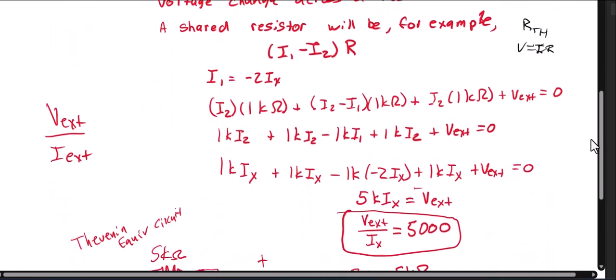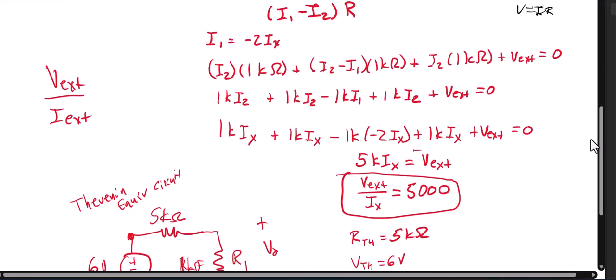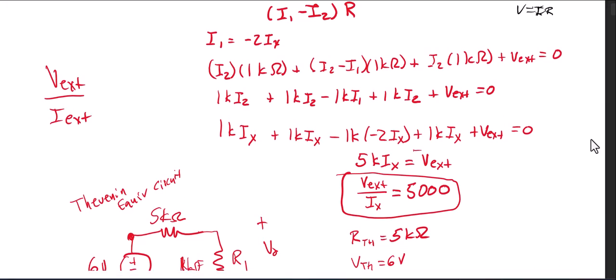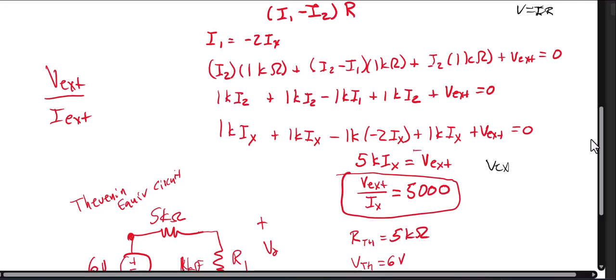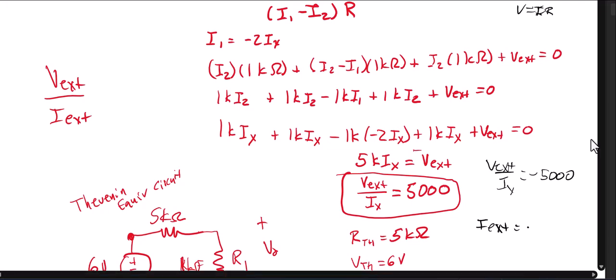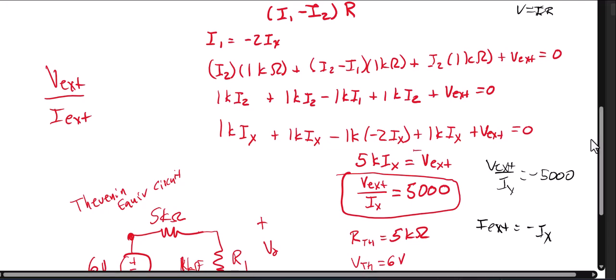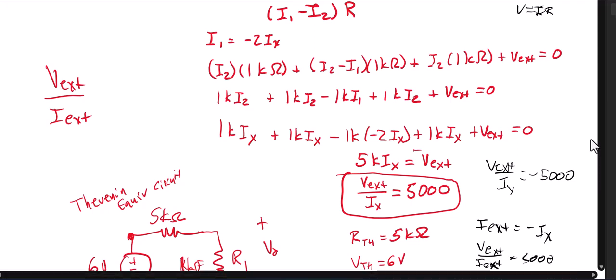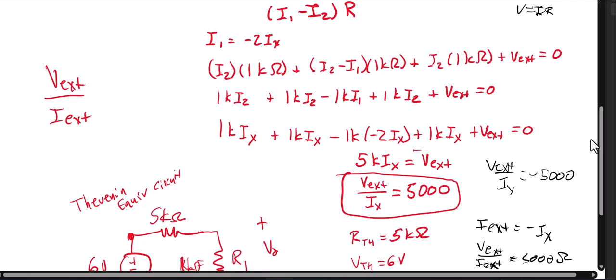So when we got to this, just in my head, I knew resistance was positive. That's why I made that mistake. We get that V external over IX is negative 5,000, but I external is actually minus IX because it's going in the other direction. So V external over I external is positive 5,000 ohms, and that's what we needed.